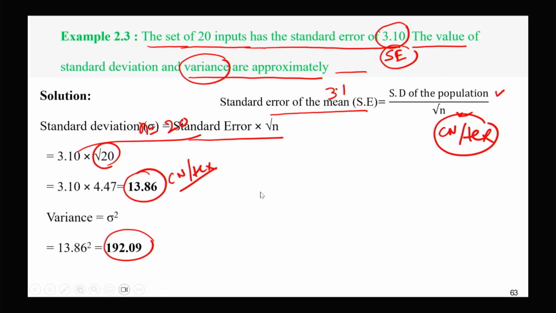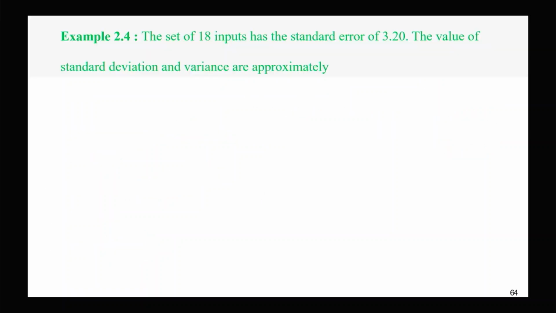So let us do another problem, a similar problem. A set of 18 inputs are there, n equal to 18, and standard error of mean is 3.2.